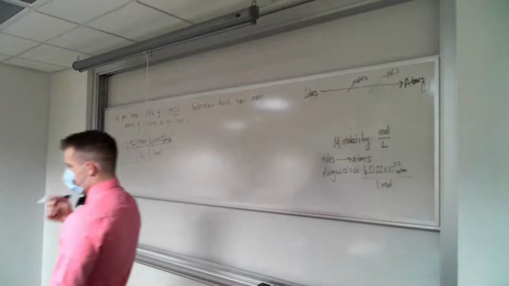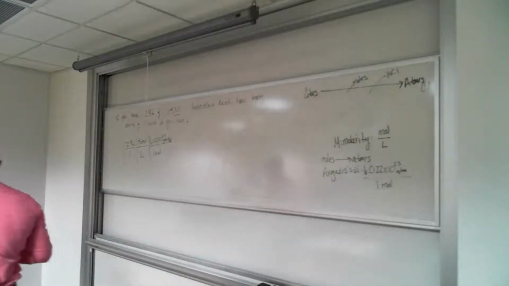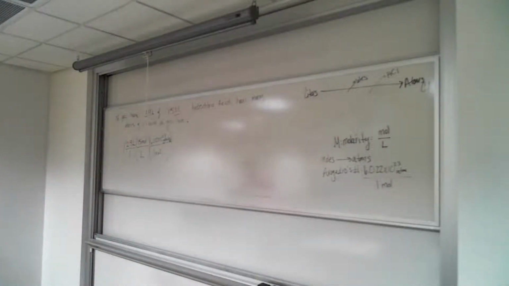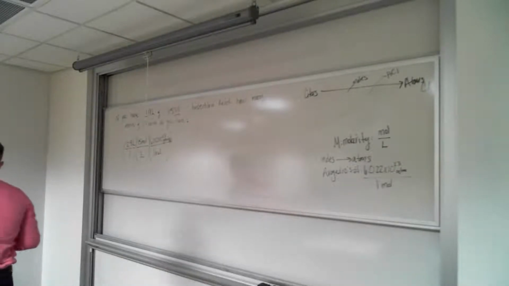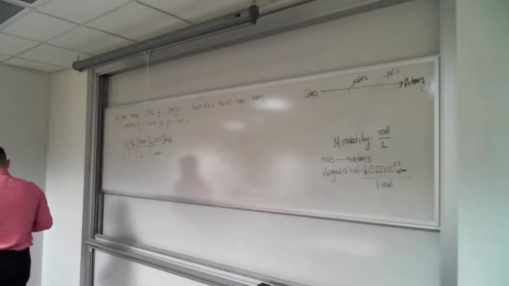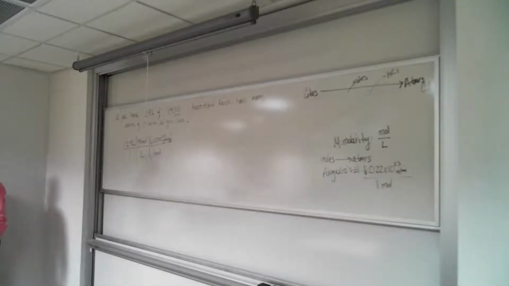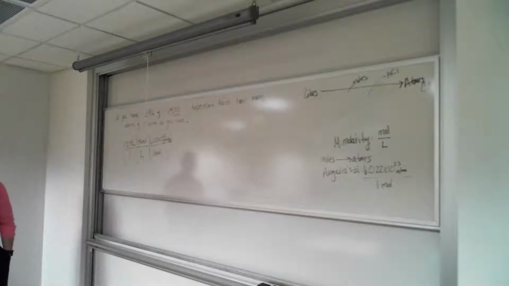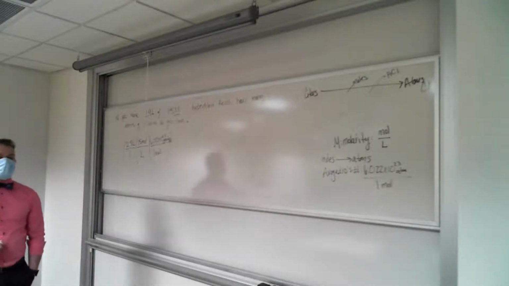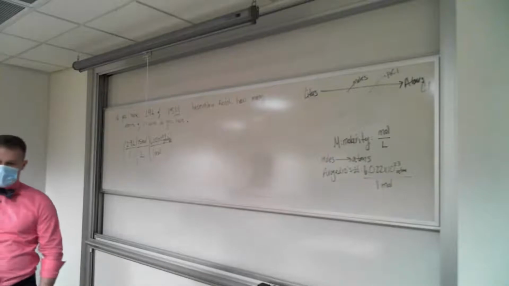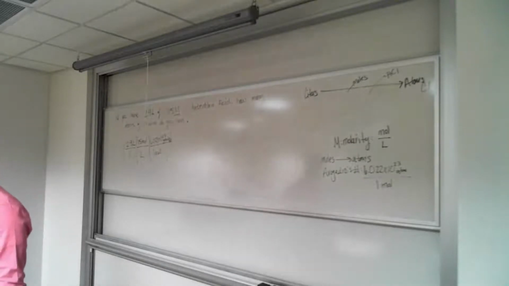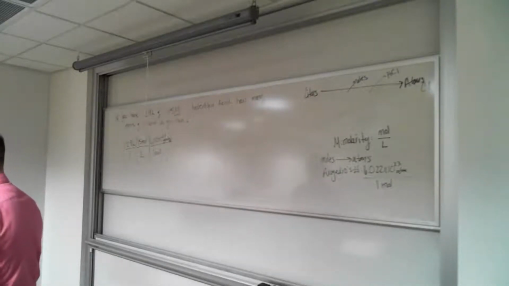How do we go from molecules of HCl to atoms of chlorine? We're going to need to use the number of atoms of chlorine per molecule of hydrochloric acid. And how many atoms of chlorine are in each molecule of hydrochloric acid?